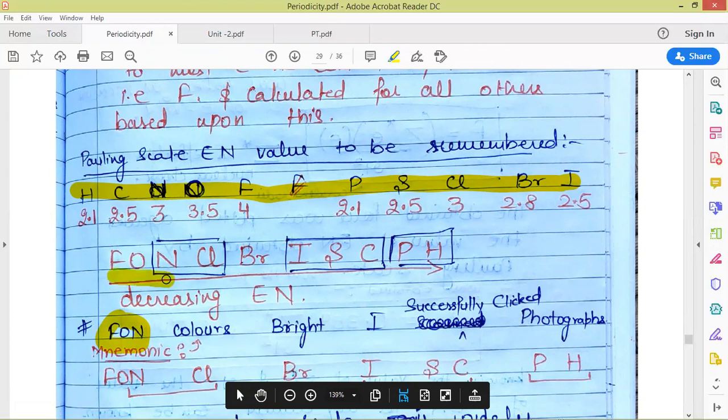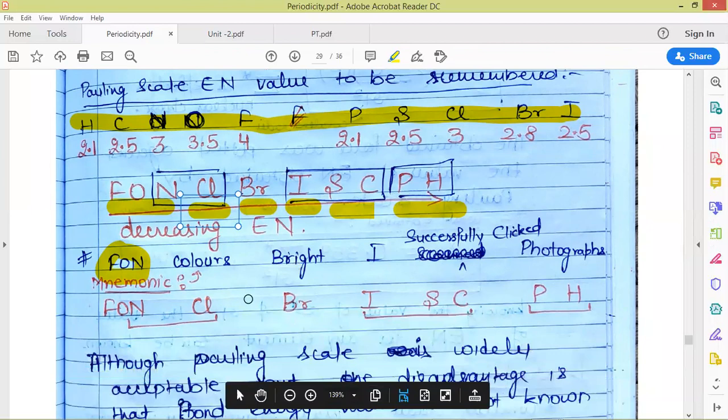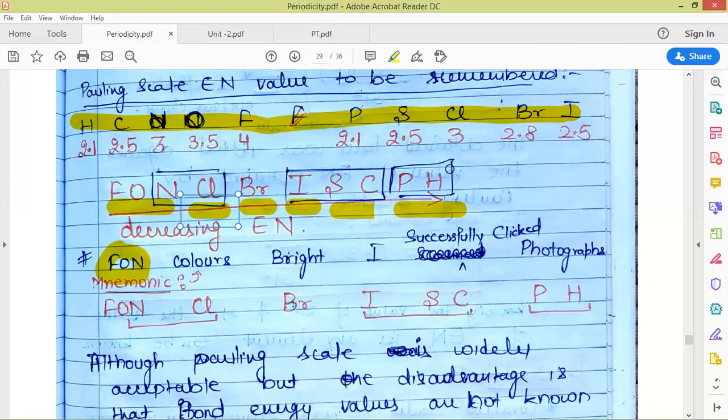Here I stands for iodine, successfully for sulfur, clicked, C for carbon, and photographs, that is P and H. So this is the decreasing order of electronegativity as we move from fluorine to hydrogen. Fluorine has the maximum electronegativity of 4, and hydrogen has the least electronegativity of 2.1, which is equal to phosphorus.